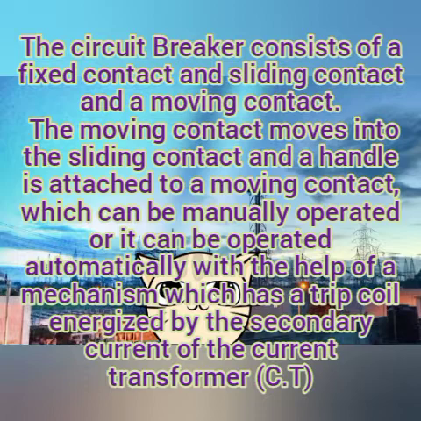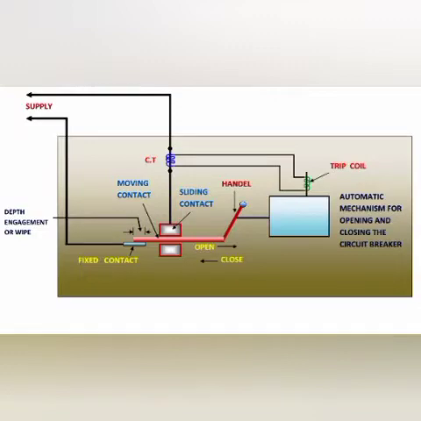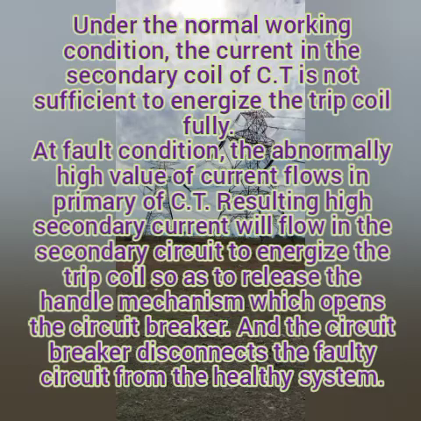Normally the circuit breaker consists of fixed and moving contacts. The sliding contact is placed with the moving contact, and as I said, the supply is given and the CT is connected to your relays, and the manual handles are connected to your relay portions.